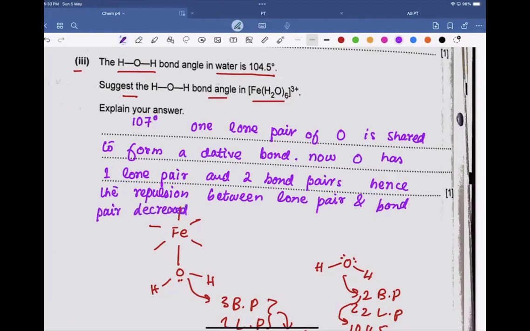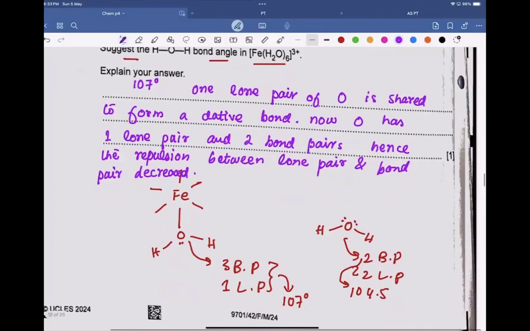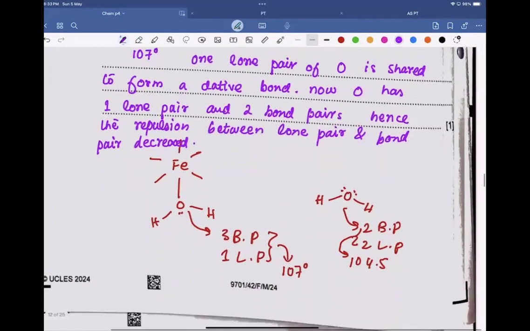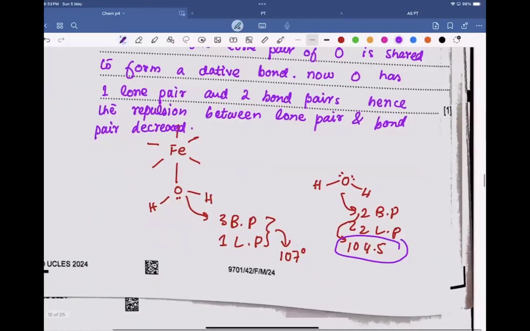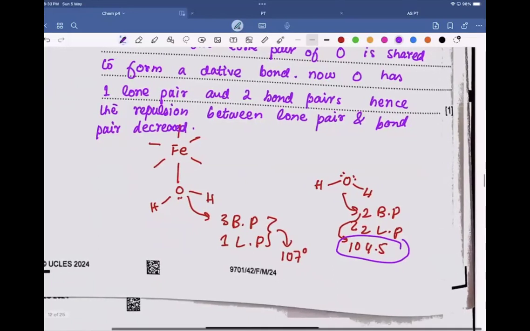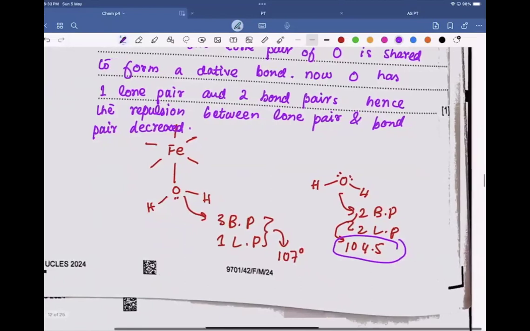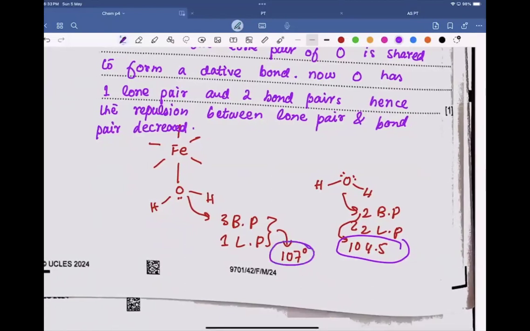So that's why the bond angle increases from 104.5 to 107 degrees. It's 104.5 when there are 2 lone pairs and 2 bond pairs, and now there is 1 lone pair and 3 bond pairs, due to which it goes to 107 degrees. Is this clear?